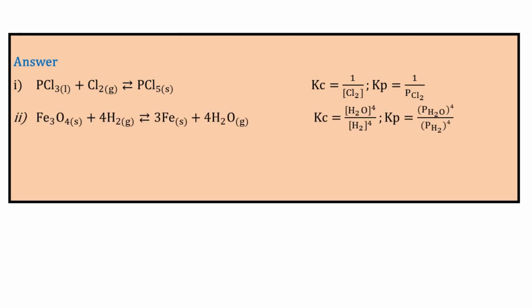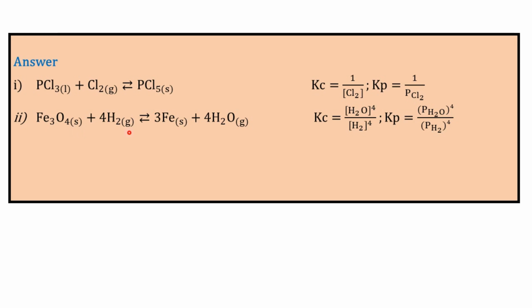Another question is also the same, so we also use the same logic. We have the iron, which is in solid state. Another one which is not appearing in the equilibrium is also in solid state, so we are going to give it the value of 1.